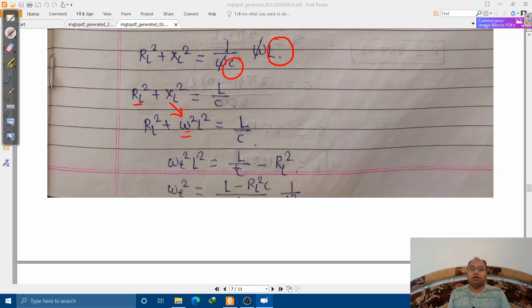Therefore L by C minus RL square is the term. Again, transfer this L square to the left hand side. Let us do the same and check it out, and finally we will derive one equation.